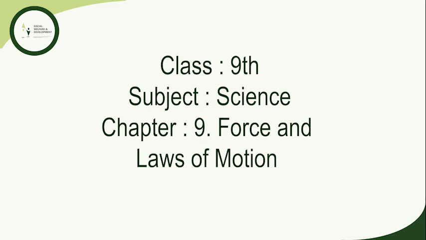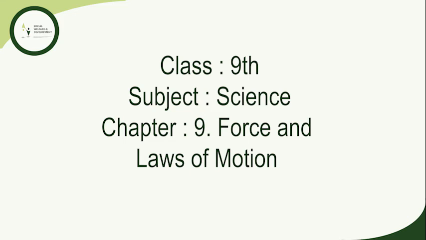Momentum of ball A before and after collision are mA uA and mA vA respectively. Rate of change of momentum during the collision will be mA into (vA minus uA) upon t. Similarly, rate of change of momentum of ball B will be mB into (vB minus uB) upon t.